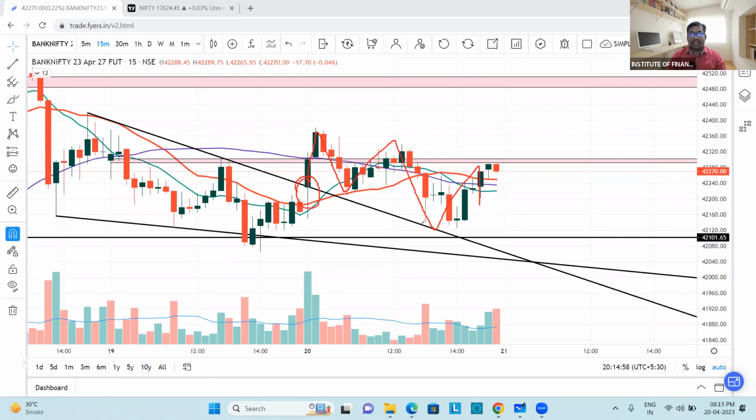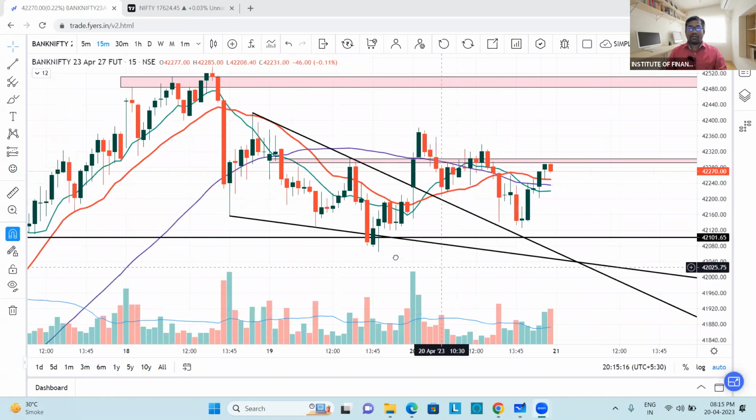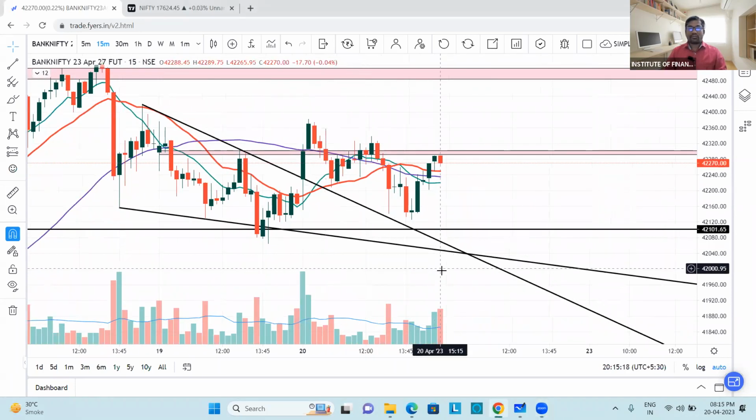It went sideways and took support here, again tried to go up. Yes Payas, the trend line and support line are both here. It is called double support, double confirmation support.